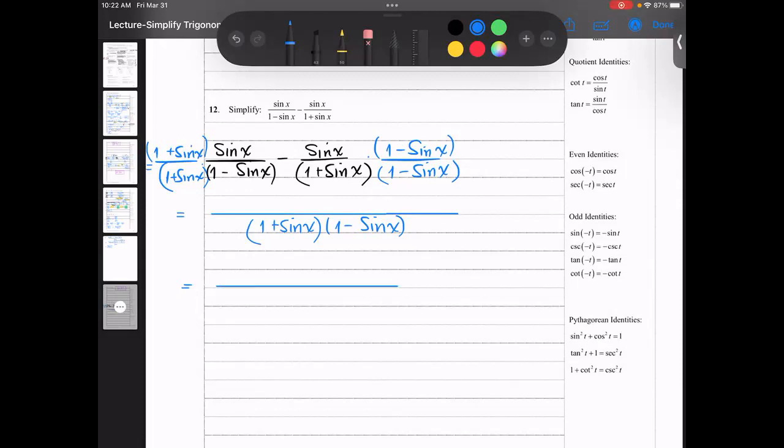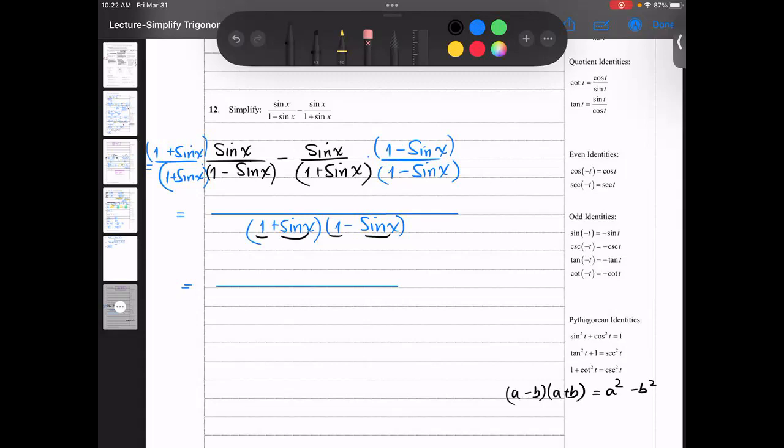What's 1 minus sine x times 1 plus sine x equal? A minus b times a plus b equals a squared minus b squared. You guys remember this? So that's your a, that's your b. So 1 squared minus sine squared x, right?